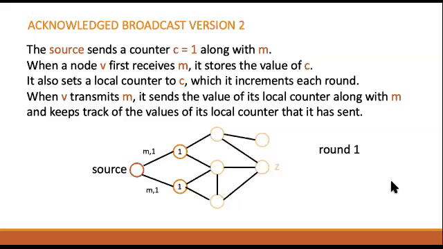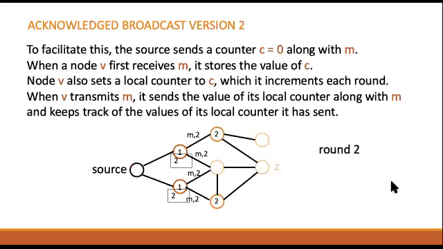In round 1, the source sends M1 to both its neighbors. When they receive the transmission, they store the value 1 and initialize their local counters to value 1. In round 2, both neighbors of the source are the dominating set. They transmit the message M2, and they record that they've sent a message with counter value 2.